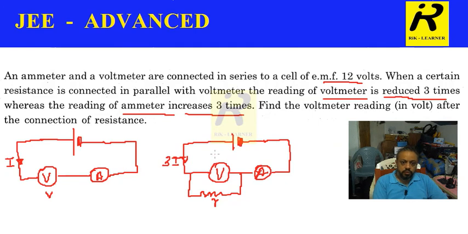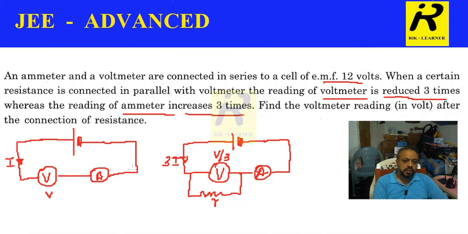The voltmeter reading is reduced by 1/3. The ammeter reading is nothing but 3 times I. This is what I have written here. The current that is flowing through the battery is 3I, which is nothing but the reading shown by the ammeter.